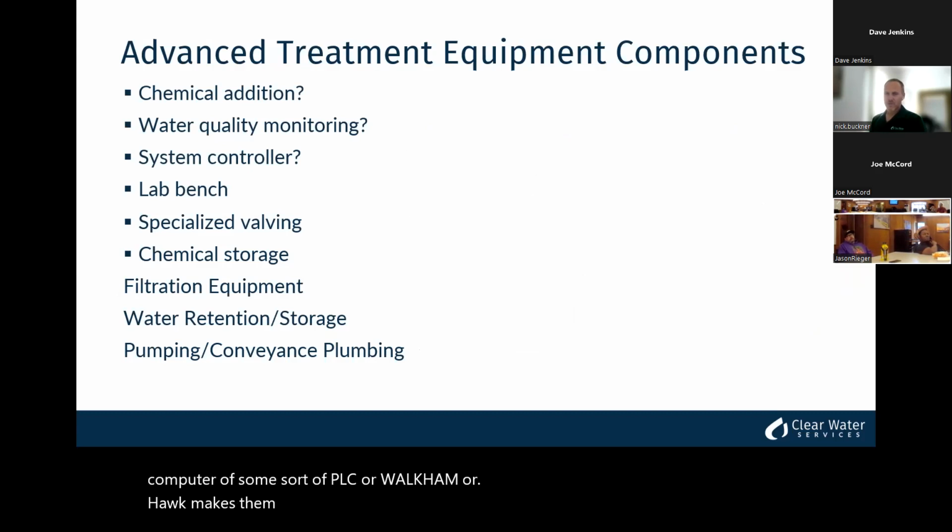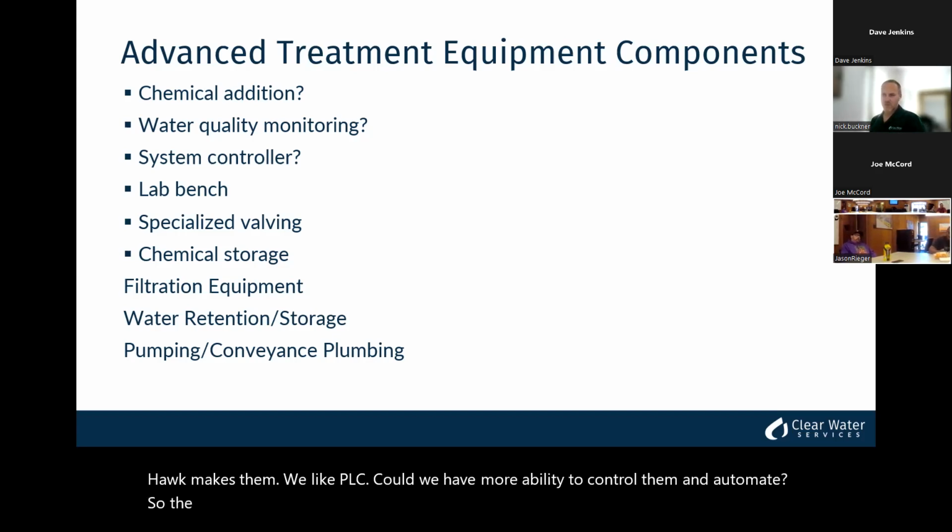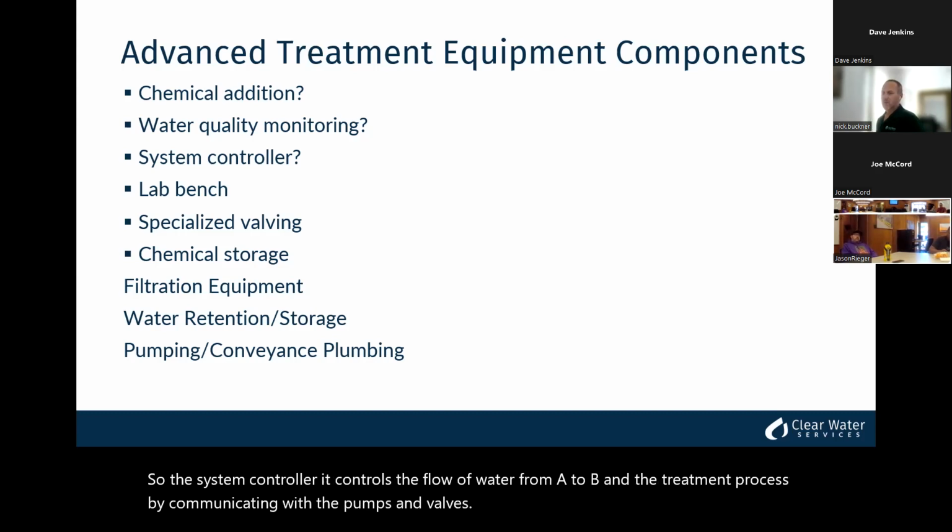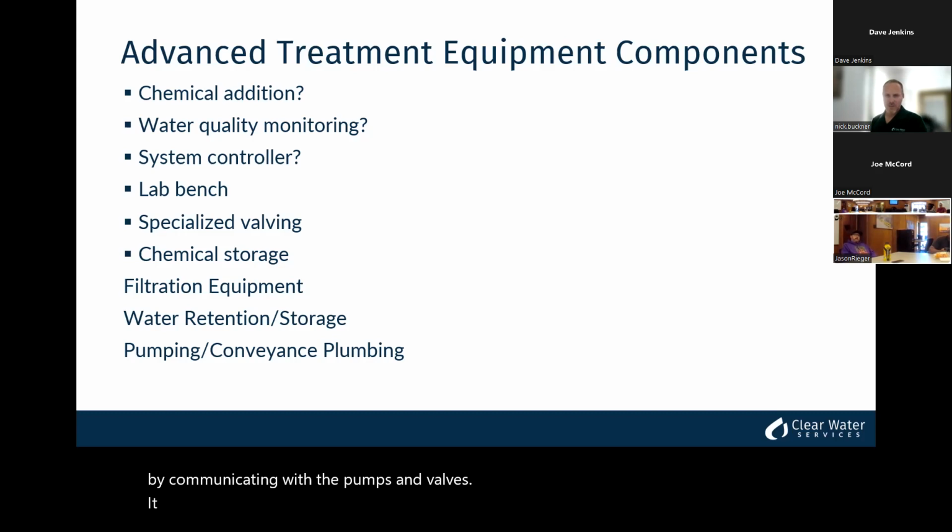We like PLCs because we have more ability to control them and automate. So the system controller controls the flow of water from A to B in the treatment process by communicating with the pumps and valves. It'll also likely record and collect data and control chemistry injection.